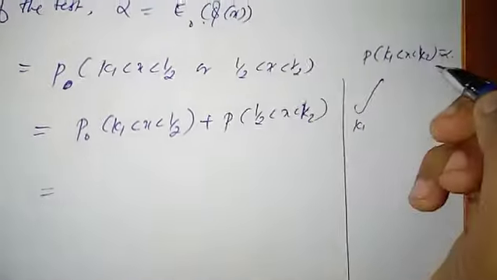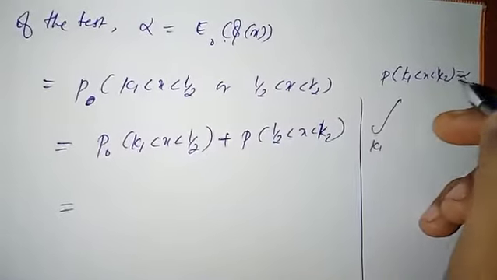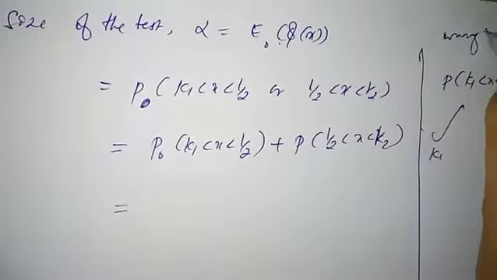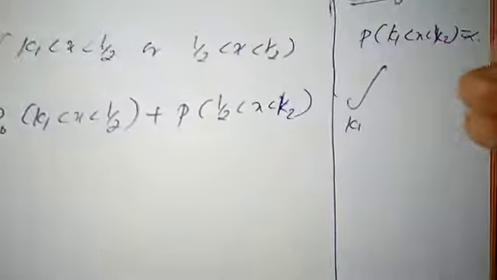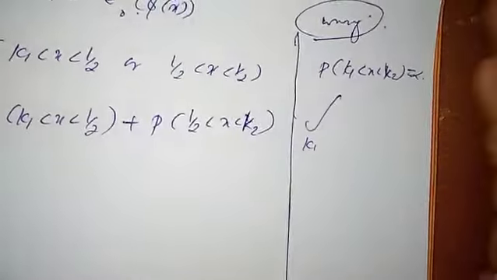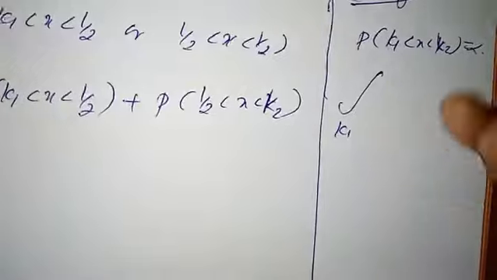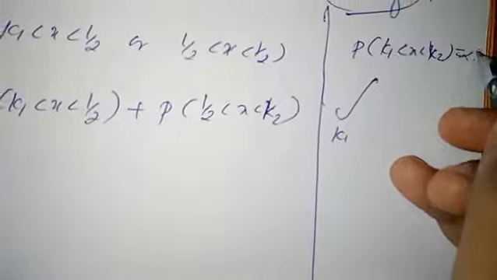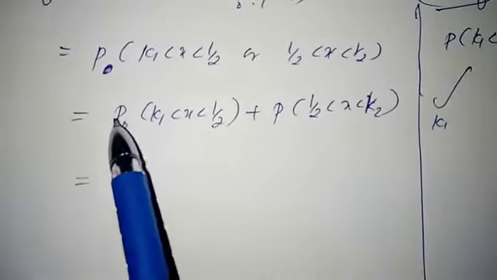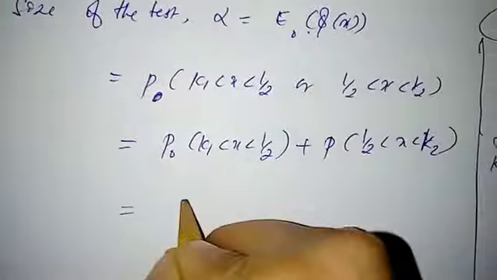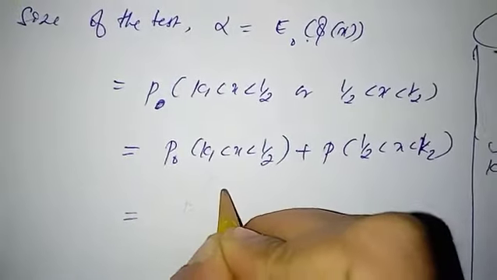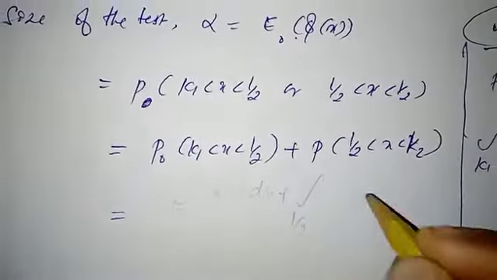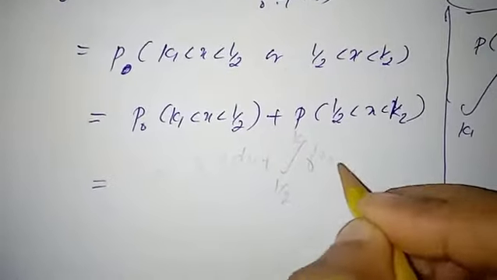This is similar, right? But using this we cannot find the value of k1, k2 separately, right? If we take this type, this is wrong. Okay, if you take probability of k1 less than x less than k2 equal to alpha, that is, if you write it here, the integral from k1 to 1 by 2 of f of x dx plus the integral from 1 by 2 to k2 of f of x dx.